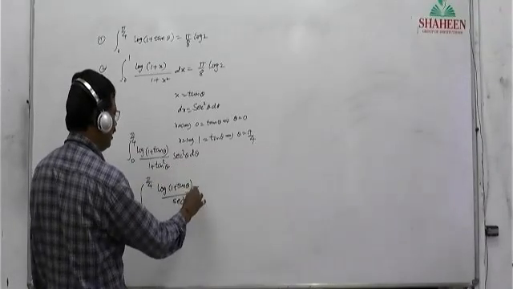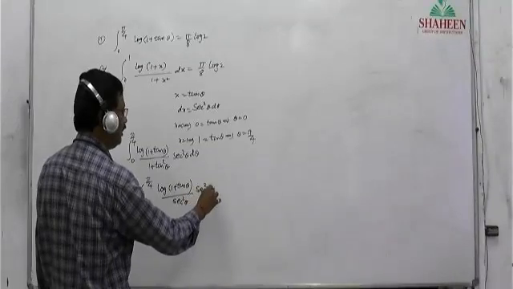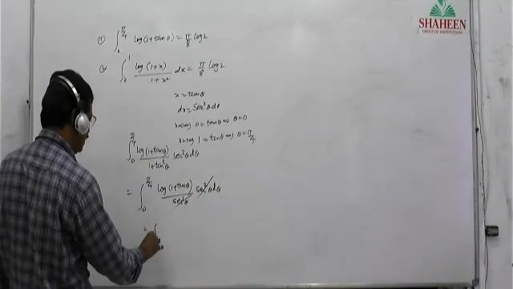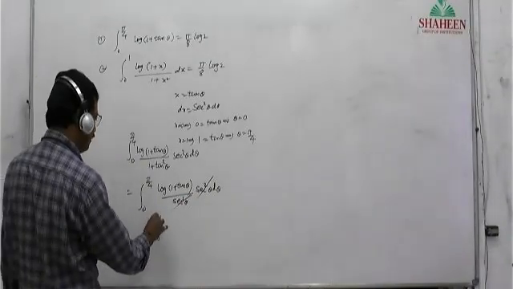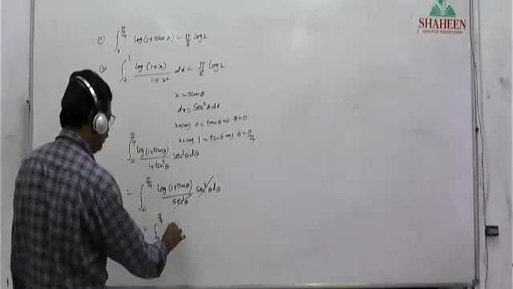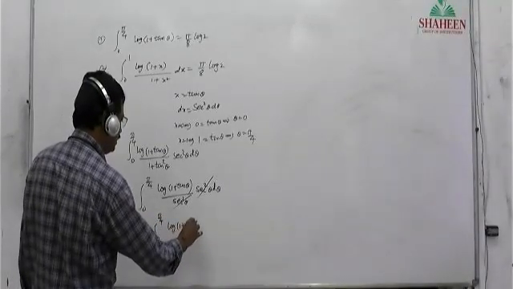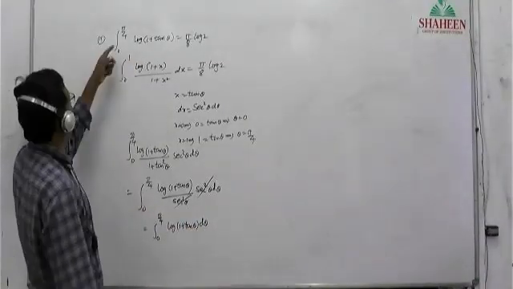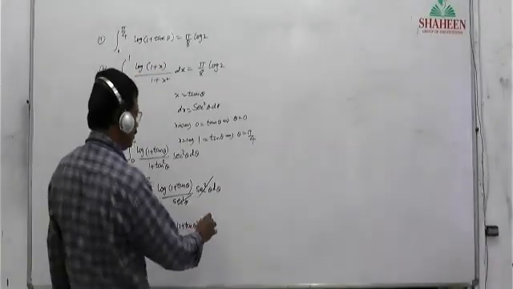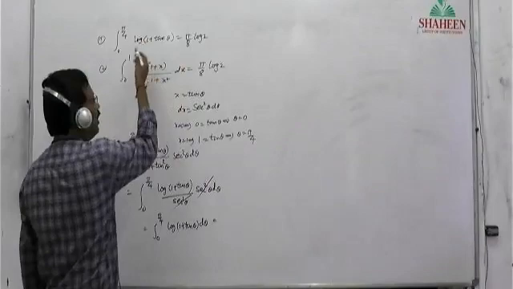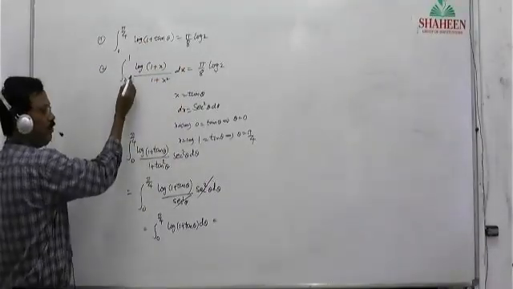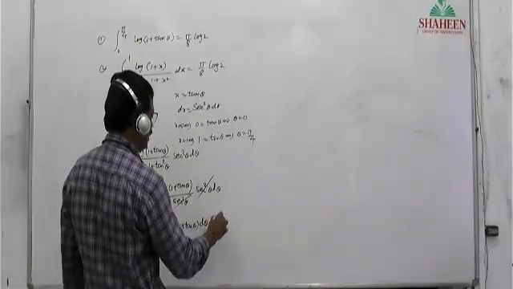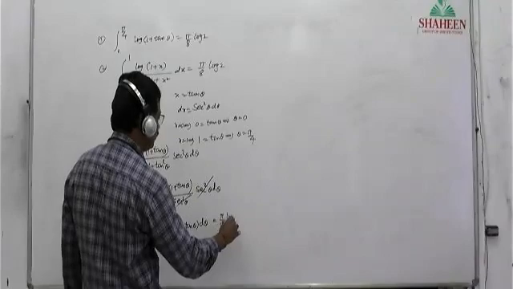Therefore, sec square theta in the denominator and sec square theta into d theta cancel. So this integral is the integral from 0 to pi by 4 of log of 1 plus tan theta d theta. Now see, we got the same problem, which we already solved. Therefore the second problem is nothing but the first problem. That's why we can write the same answer, pi by 8 into log 2.